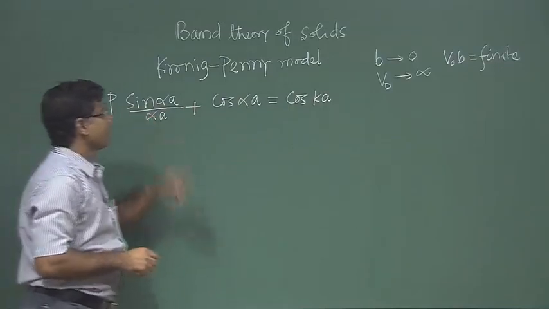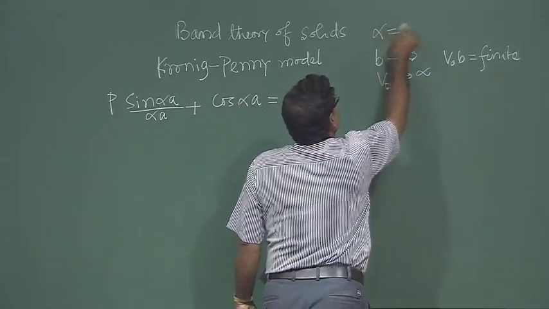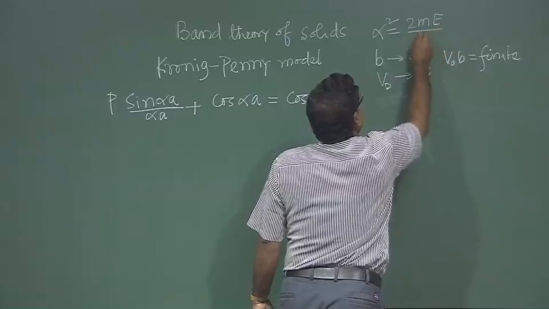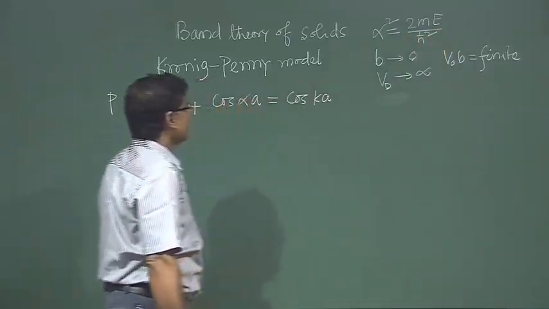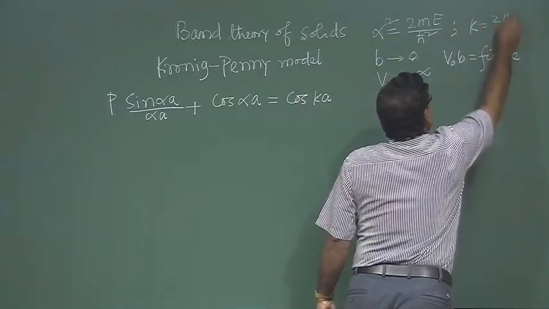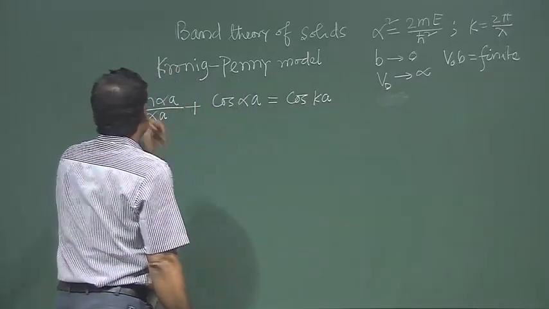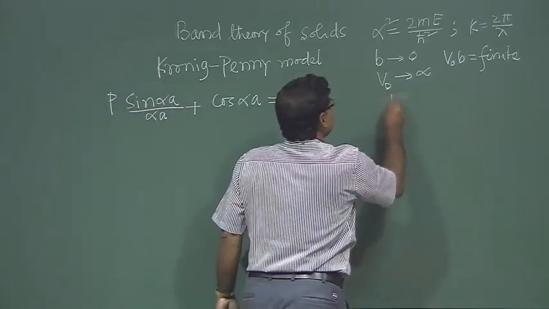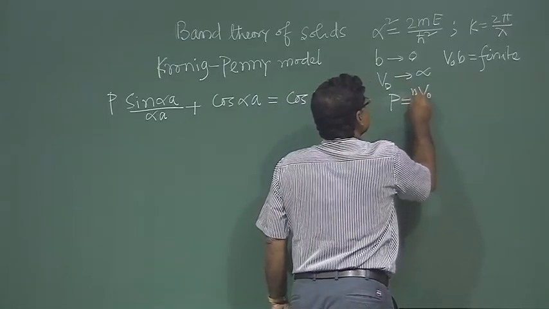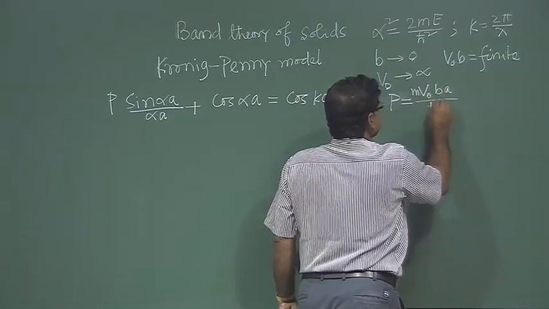Where alpha square is 2mE by h cross square, and k is the wave vector, basically 2 pi by lambda, and P is m V0 b a by h cross square.